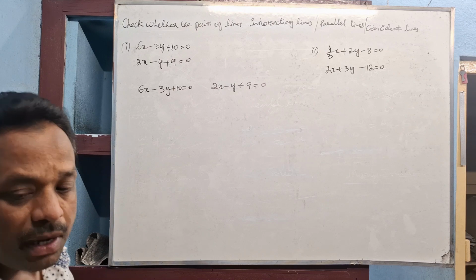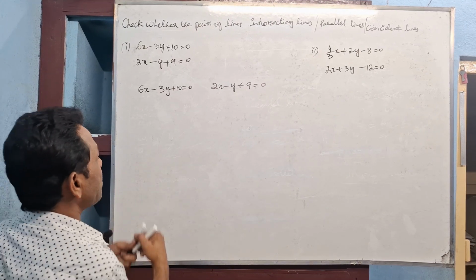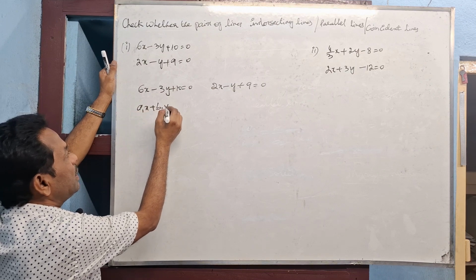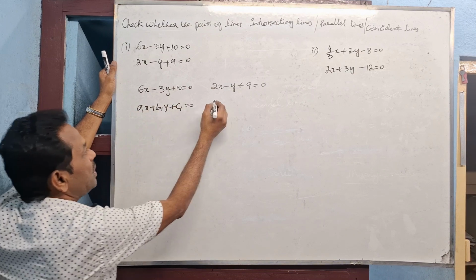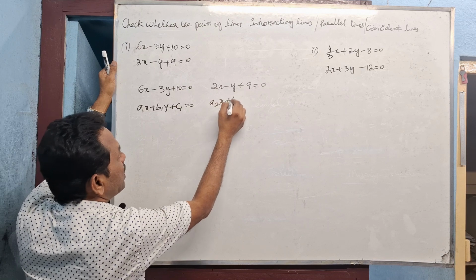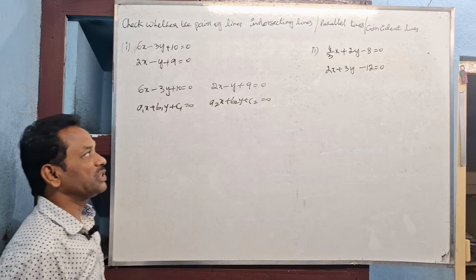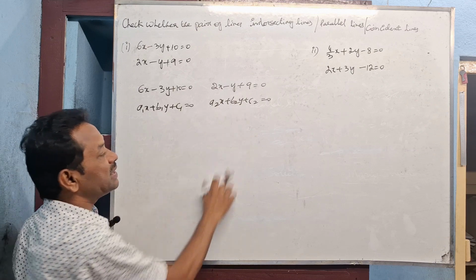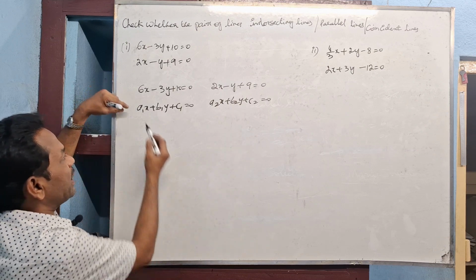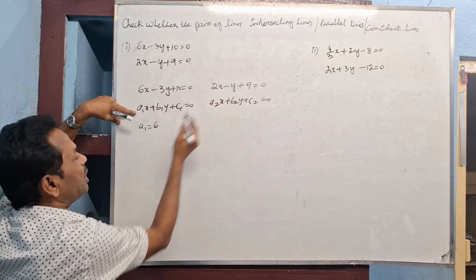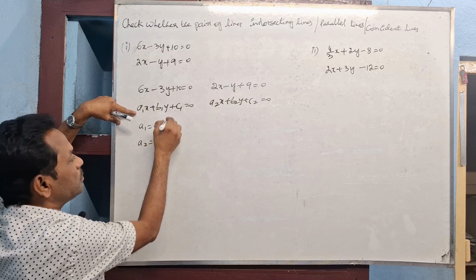Let me compare this with the general form of the equation, that is a1x plus b1y plus c1 equals 0, and a2x plus b2y plus c2 equals 0. If you have two equations, you have to compare them with these general forms. Now when I compare, a1 equals 6 and a2 equals 2.